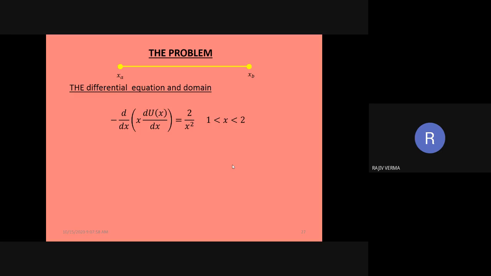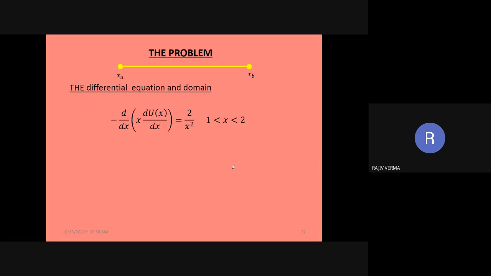Apart from this, the differential equation happens to be a second order differential equation, because u is going to be differentiated twice. So that makes the equation to be a second order differential equation. It is one dimension in nature, because there happens to be only x space coordinate, and it is a steady state equation, because there is no term of time in this particular differential equation.